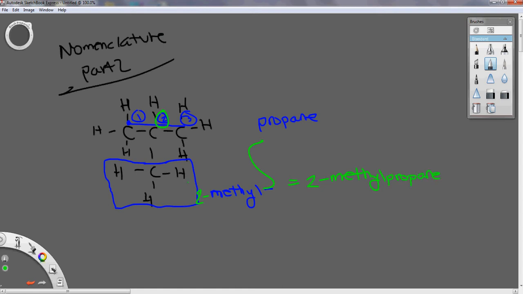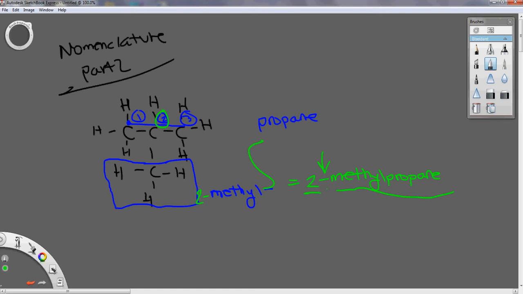Alright, so one thing to notice is the hyphen. There's always a hyphen between a number and the words, I guess. It's the best way of saying it. So yeah, there will be many compounds that will have many numbers in them.